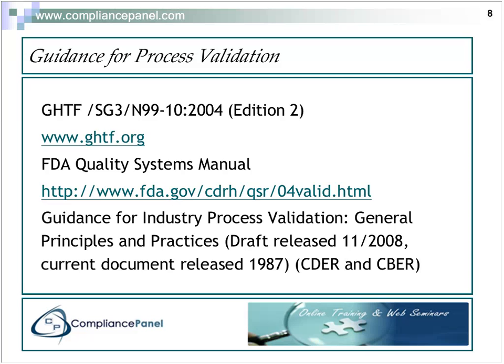There was a draft released a year ago, but it still hasn't been implemented yet, of a new process validation guidance. So I would be watching for that release of that new document. But at any rate, you will need to have that on hand if you're doing drug and biologic in combination with devices.